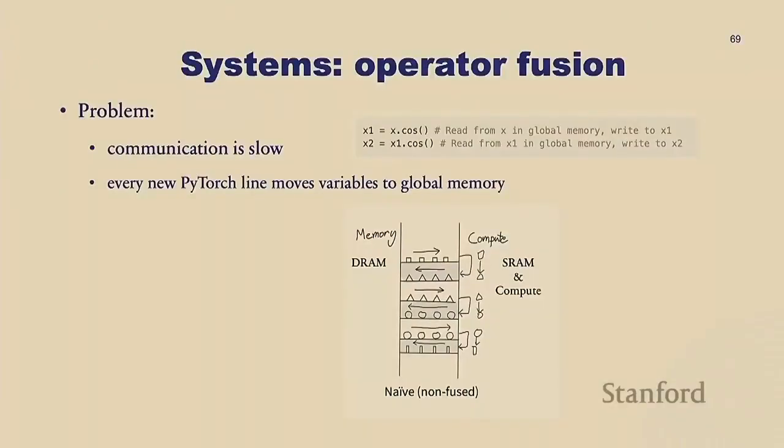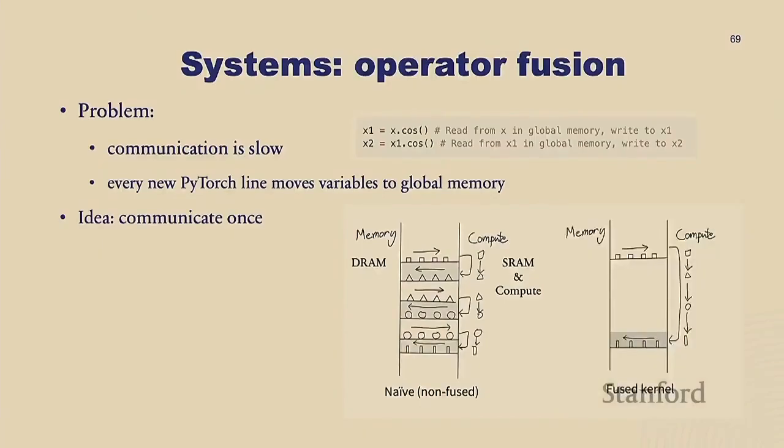Another way to see that is that you go from your DRAM, which is the global memory in your GPU, you ship it to compute, and you ship it back for every line. This is a naive way of doing it. This seems very wasteful. So the simple idea of operator fusion is just communicate, do all the computation, ship it back once. And this is exactly what fused kernels are.